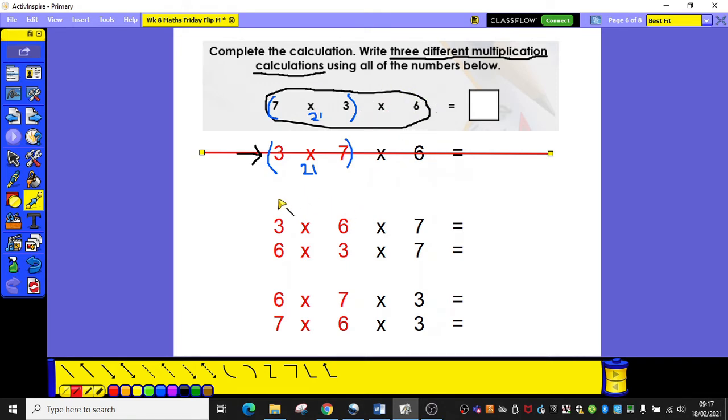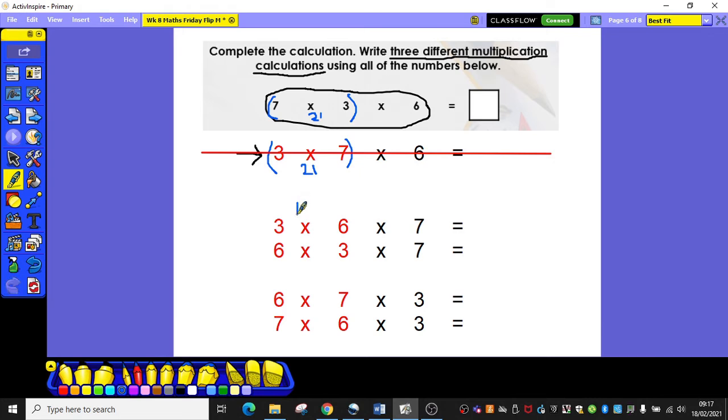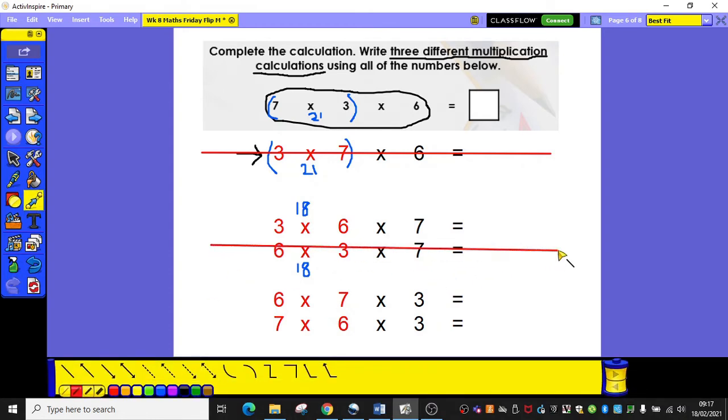So what about then, if I multiply 2 numbers, let's then multiply them by 7. Again, 3 times 6 is going to be 18. Or 6 times 3 is going to be 18. So it doesn't matter which way round I write my 3 multiplied by 6. So actually, this one I wouldn't count as one of my 3 either. Okay? Because effectively it's still going to be 18 either way to begin with, multiplied by 7.